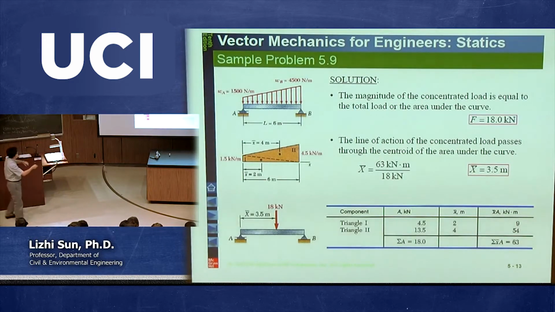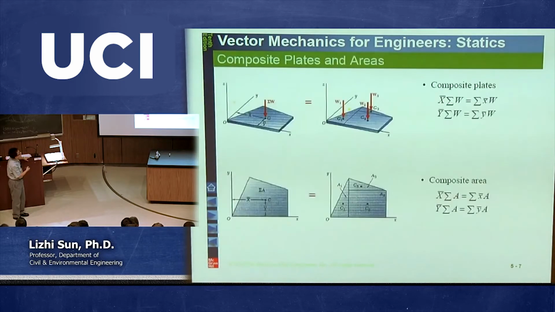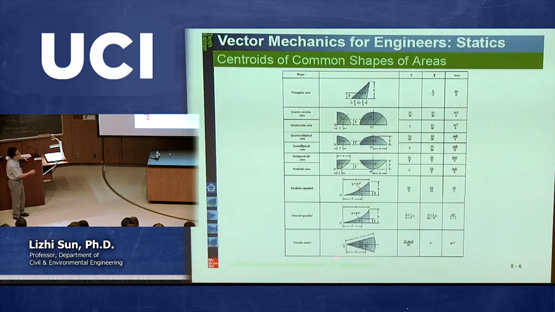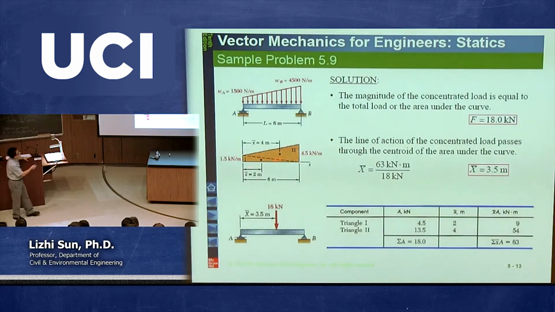Now, it's our job to locate the centroid of this geometry. From the previous chart, we don't see this picture, right? From the previous chart we have here, there's no such geometry. So then we need to split this a little bit more complex geometry into a few simple ones.